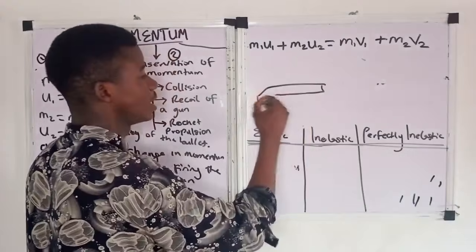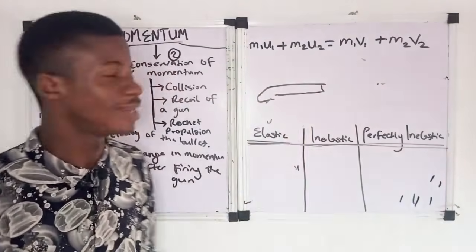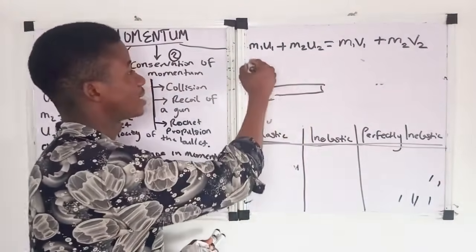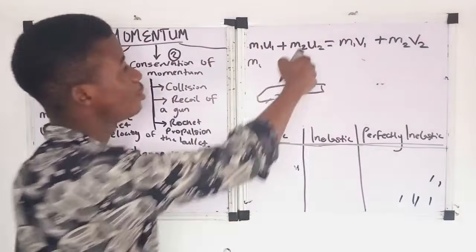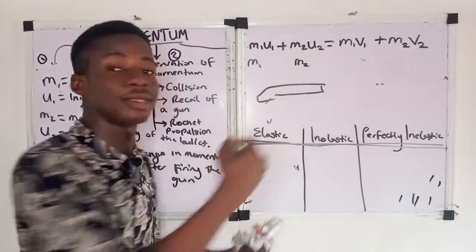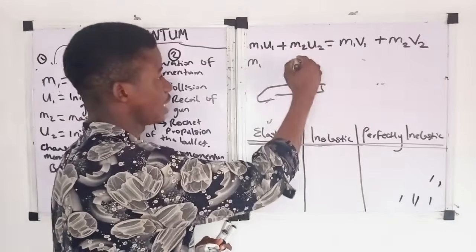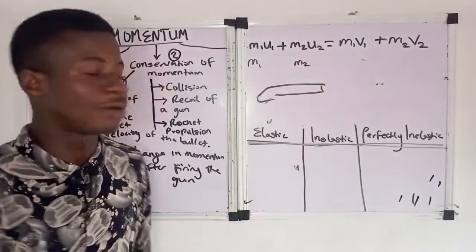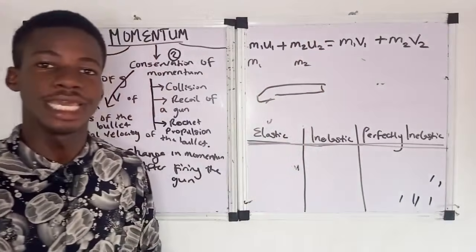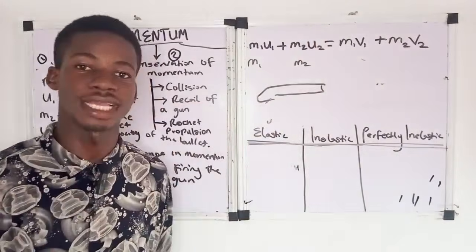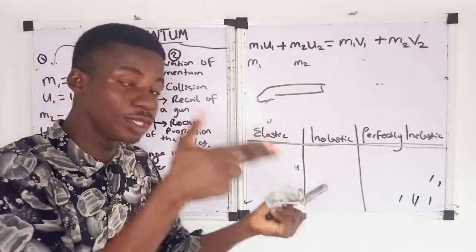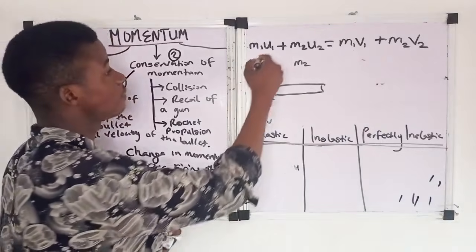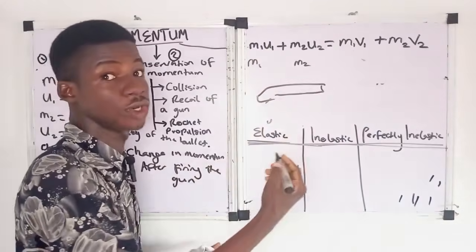The gun has mass, right? The bullet also has a mass. Now, what about their initial velocity? Initially, the gun is not moving, right? Before you shoot a gun, you hold it and it is not moving. So the initial velocity of the gun is 0.